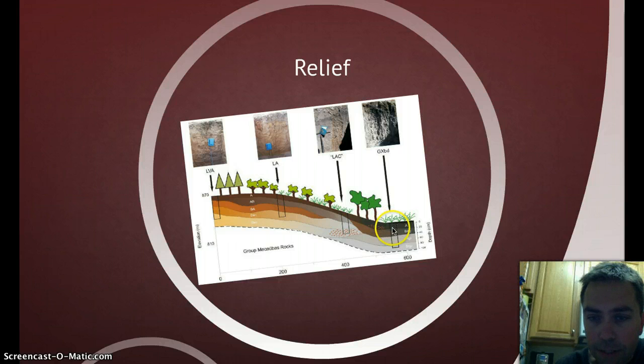In this case, this is labeled, well, no, I guess it's not. But at any rate, along with relief, in topography, think about concave versus convex areas. Concave areas are going to allow water to pool up in them, whereas convex areas are going to allow water to run off. And certainly water plays a big factor in soil development.